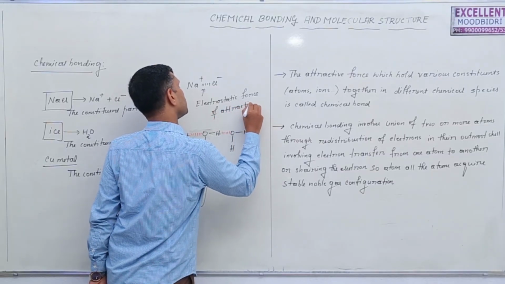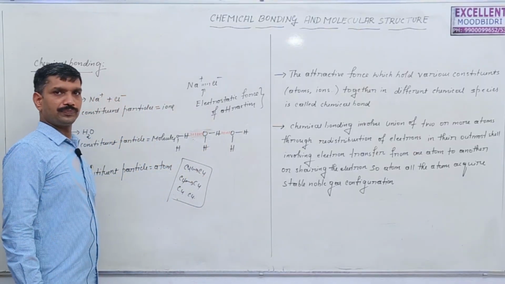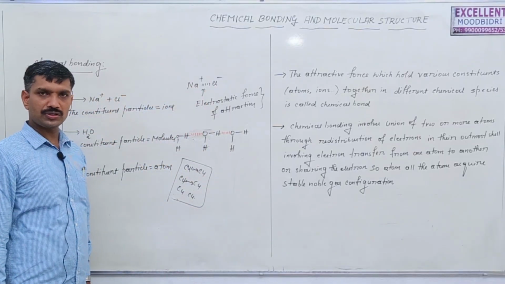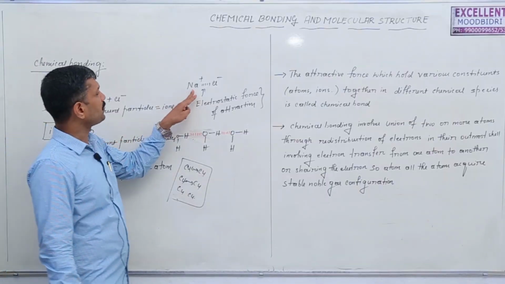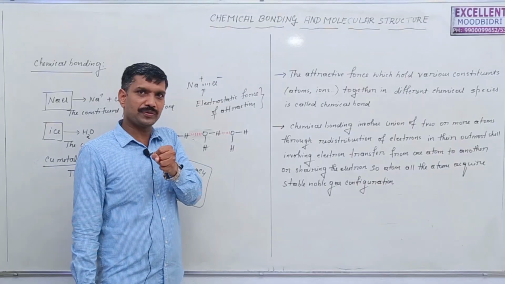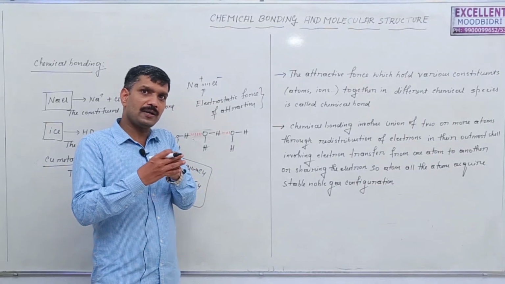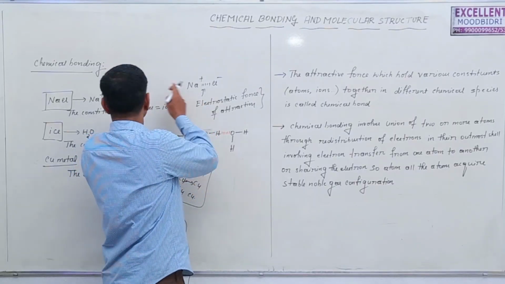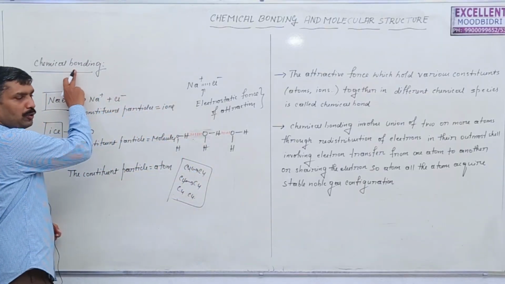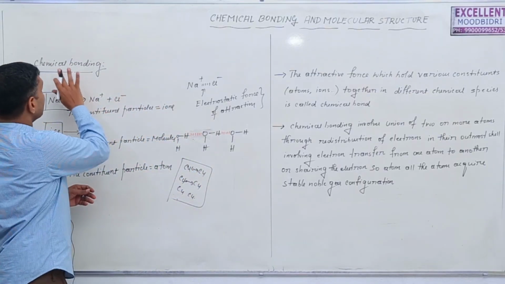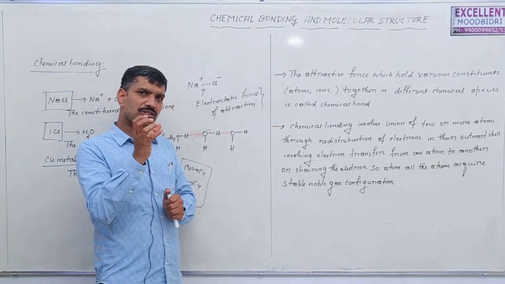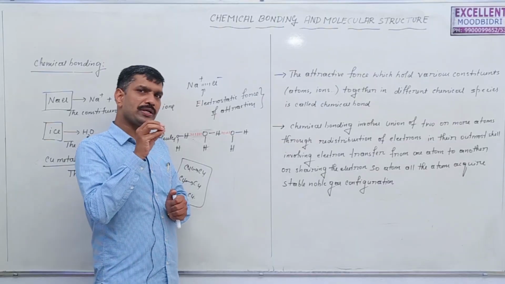Actually, the ionic bond is an attractive force that holds the constituents of NaCl. That attractive force is known as chemical bonding.